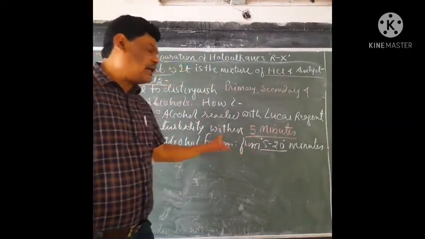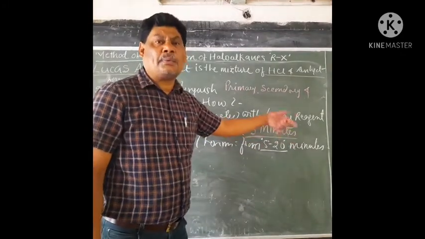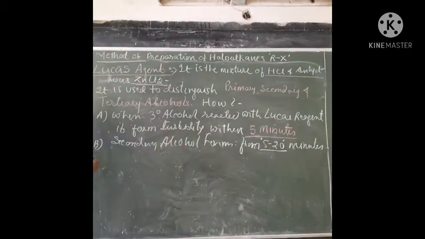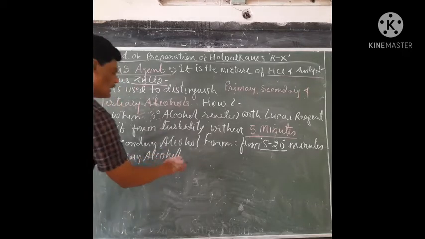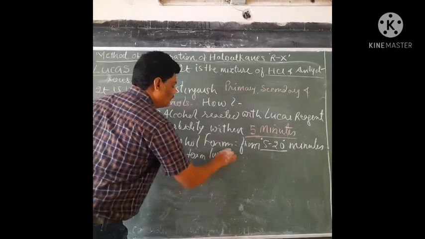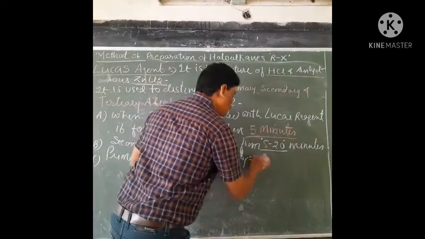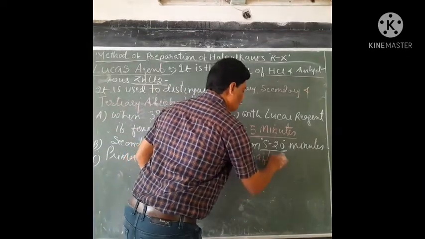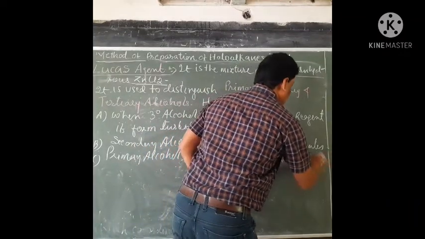Therefore, the desired product is obtained after 5 minutes, that is to say 5 to 20 minutes. But you know that the primary alcohol is least reactive. So primary alcohol forms turbidity after 20 minutes. So it makes the difference.